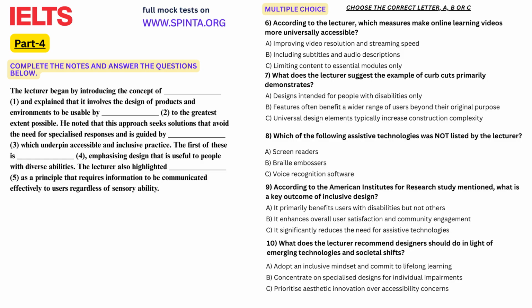Now let's dive into the fifth principle, which is tolerance for error. This principle addresses the need to minimize hazards and the adverse consequences of accidental or unintended actions. A classic example is the design of car braking systems. Fail-safe features are built to prevent accidents even if a user mistakenly presses the accelerator.